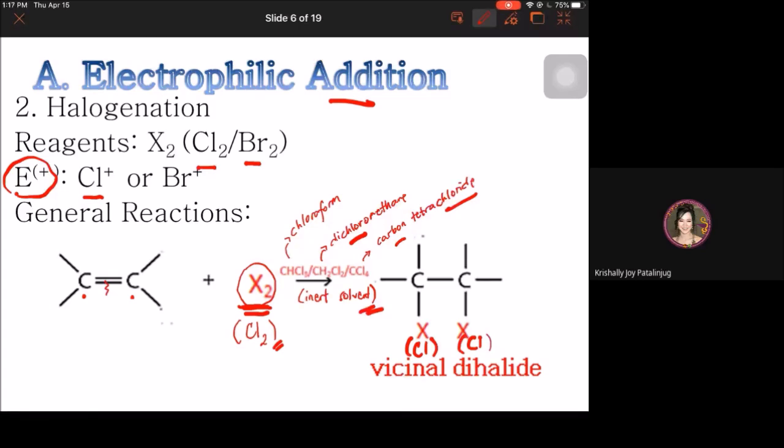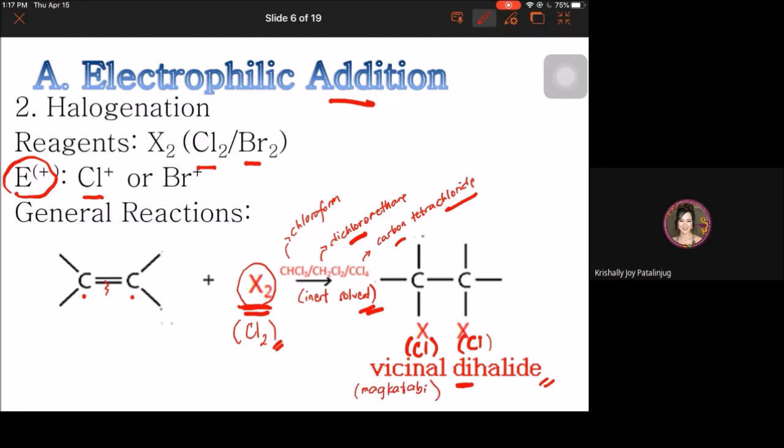That is why, in general, the major product is a vicinal dihalide, because two chlorines are added, one to each double bond carbon. What does vicinal mean? Adjacent. Vicinal, adjacent. Vicinal dihalide. Alright?